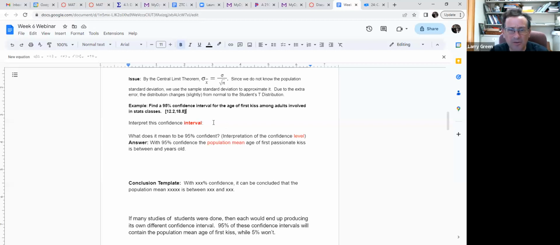Okay, next is we want to interpret what this interval is. Okay, we have these numbers, a lower bound of 12.2, an upper bound of 18.8. So we want to interpret this. And here's how I'm going to interpret it.